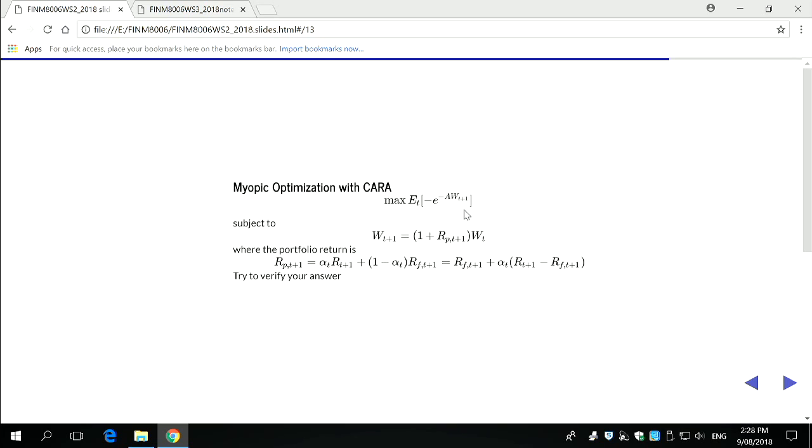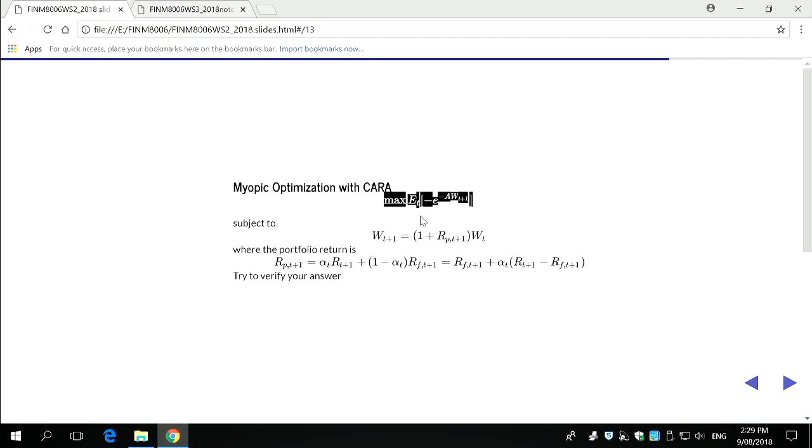Of course, we can do the derivatives, but the problem is we have the expectation of some exponential function, which is a little difficult to differentiate. But what I can do is take the logs first. Log is a positive transformation, so it doesn't change our maximization problem.